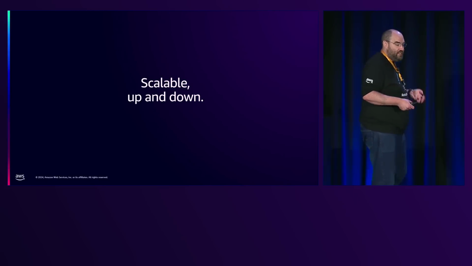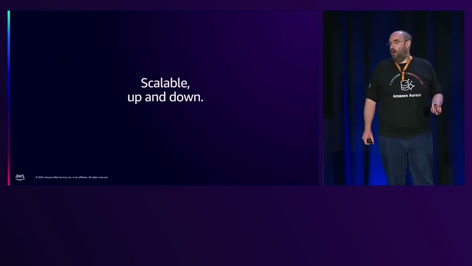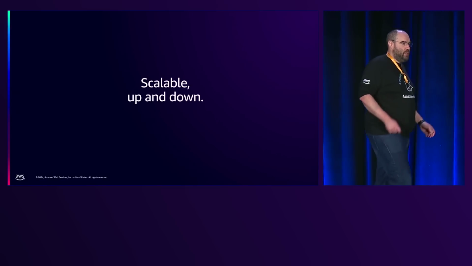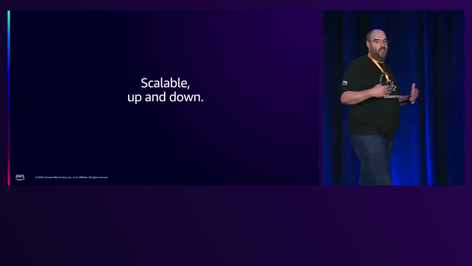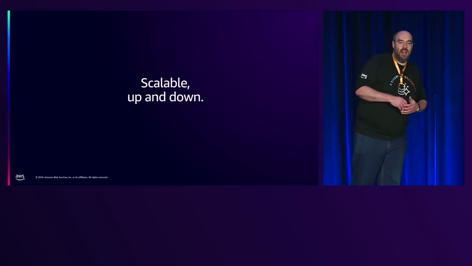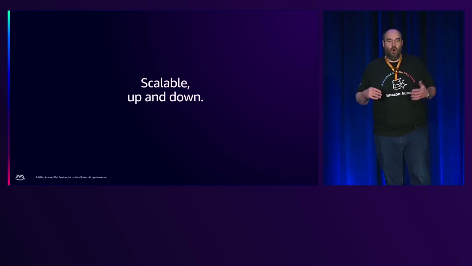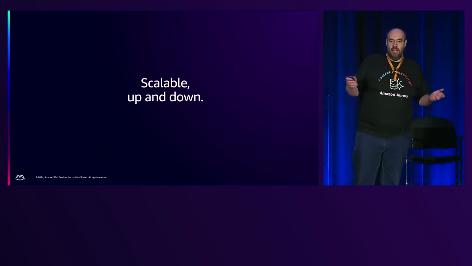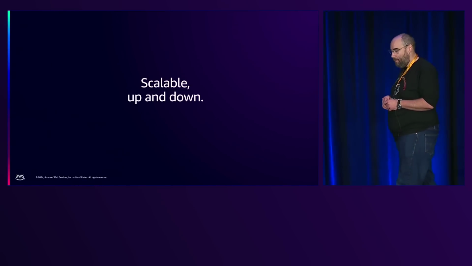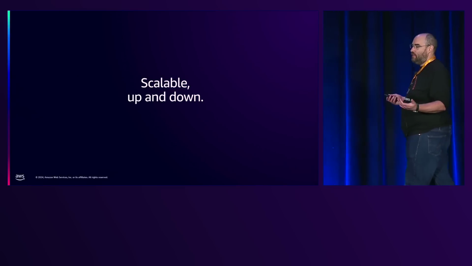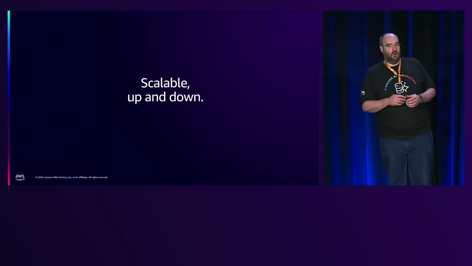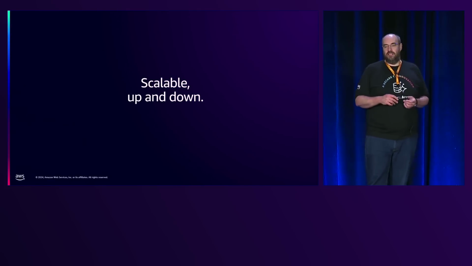Aurora DSQL is designed to be scalable both up and down. And when we say scalable at AWS, sometimes we get a little bit too focused on the app, right? This is for building really big applications at almost any scale, from up to millions of transactions per second. But it's also for applications that need to scale down. Those applications that might do tens of requests a second or tens of requests a day.